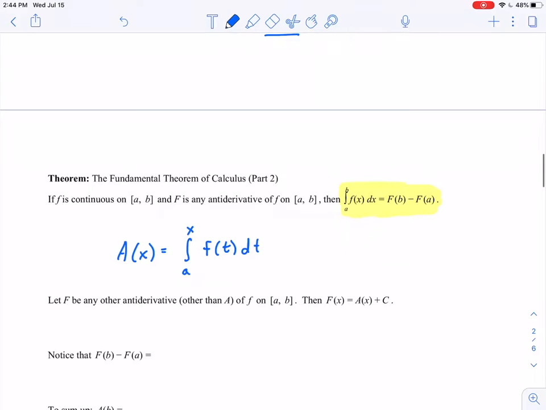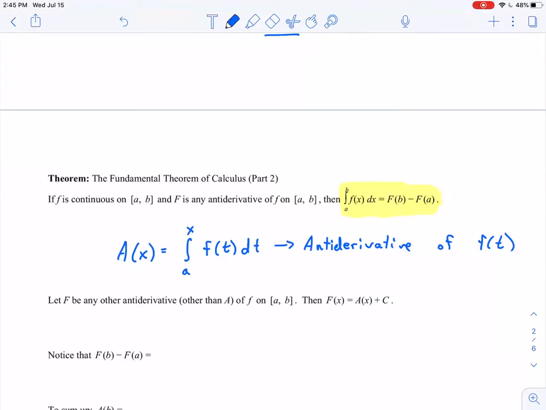So if A of x is an antiderivative of f of t, and we're saying F is some other antiderivative of f, they're both antiderivatives, which means for the most part they're going to look identical with the exception of this piece right here, that plus c. They might vary by a constant. It doesn't really matter what that constant is either.